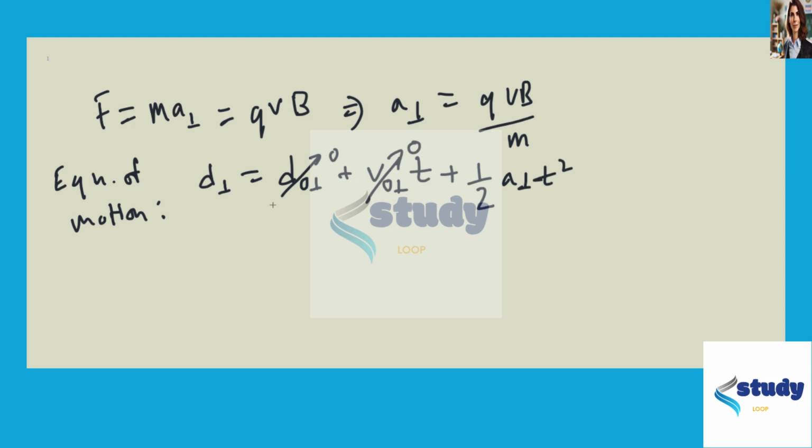So this is an equation of motion to find perpendicular distance using perpendicular acceleration, and so we're left with 1/2 a perpendicular times t squared.